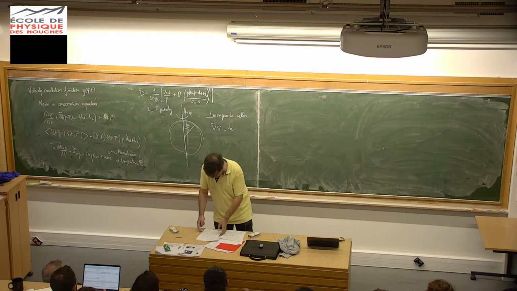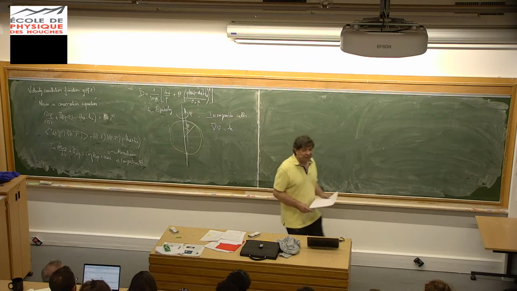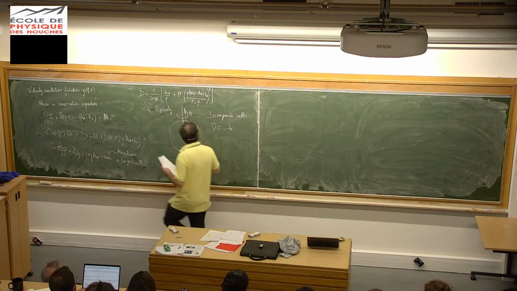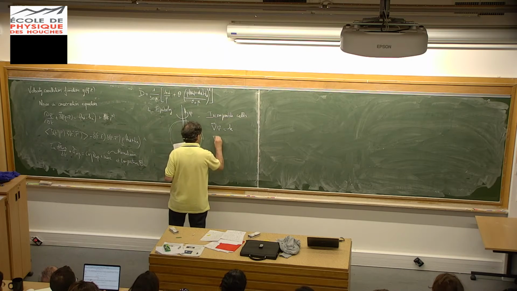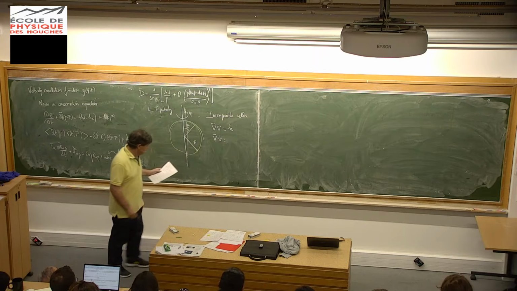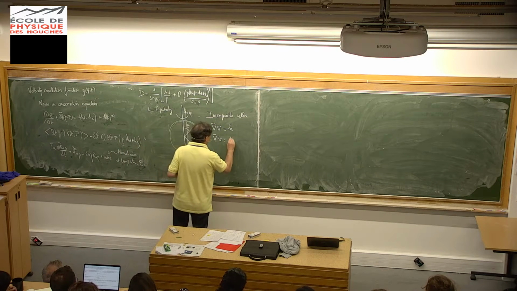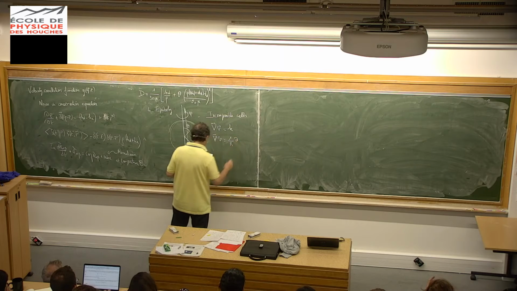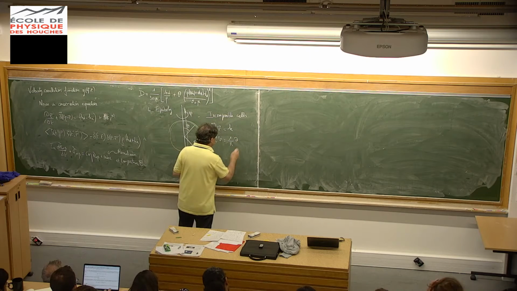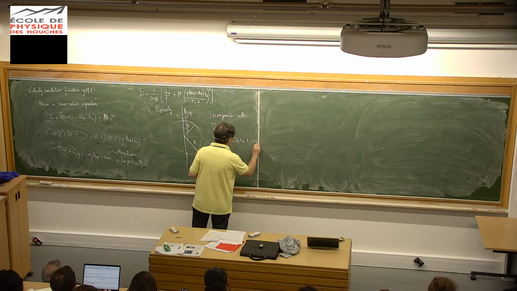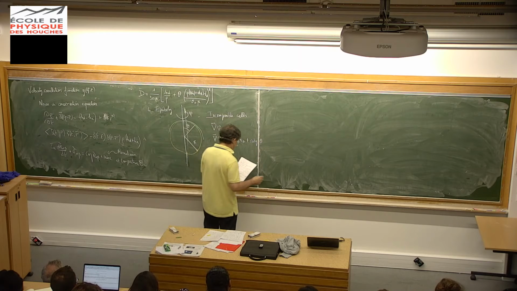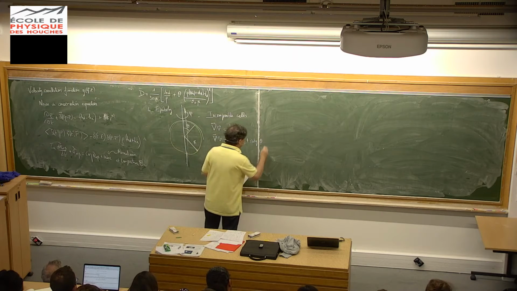So I just have to look in my notes. The divergence, where the radius I call r, of the velocity is 1 over r d/d theta of v theta plus cotangent theta times v theta.